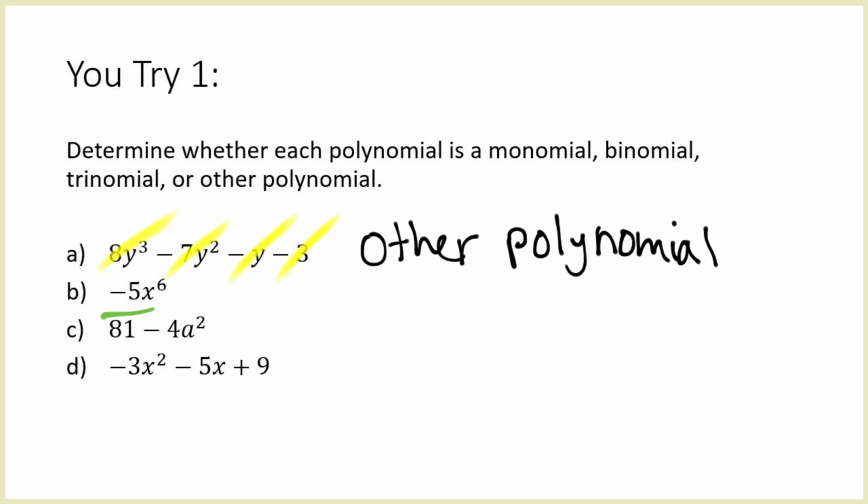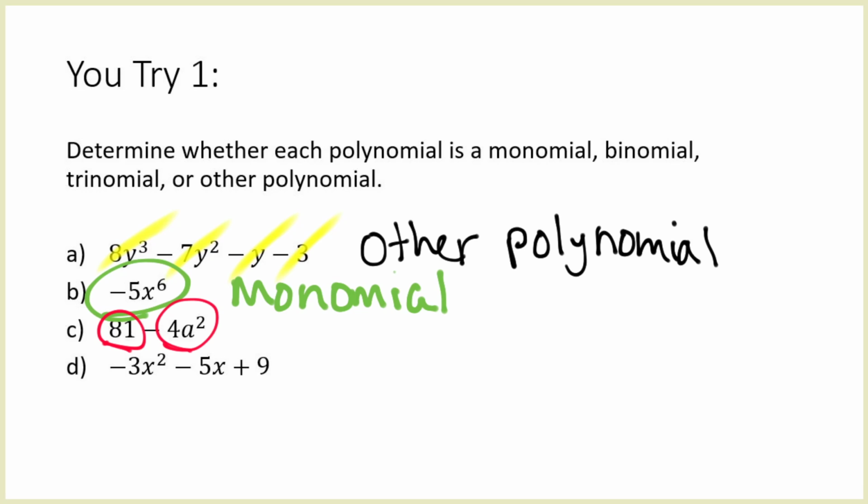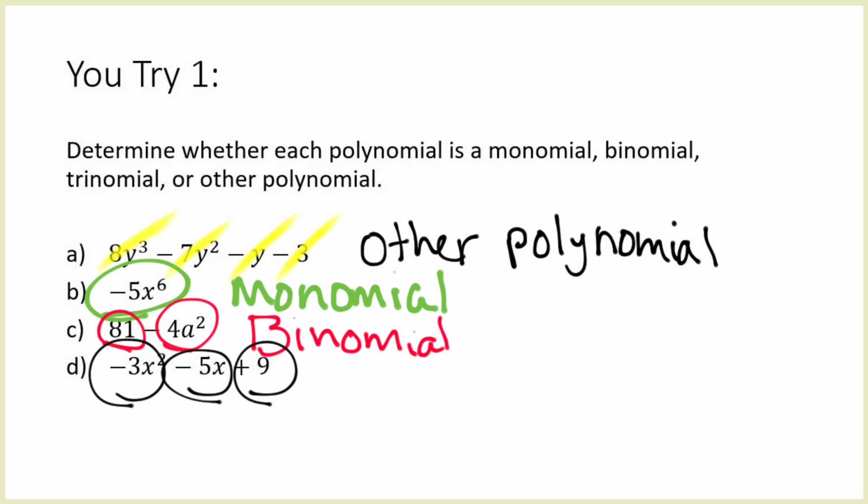Letter B has one term in it, so it's a monomial. Letter C has two terms in it, so it must be a binomial. Letter D has 1, 2, 3 terms. That means it must be a trinomial.